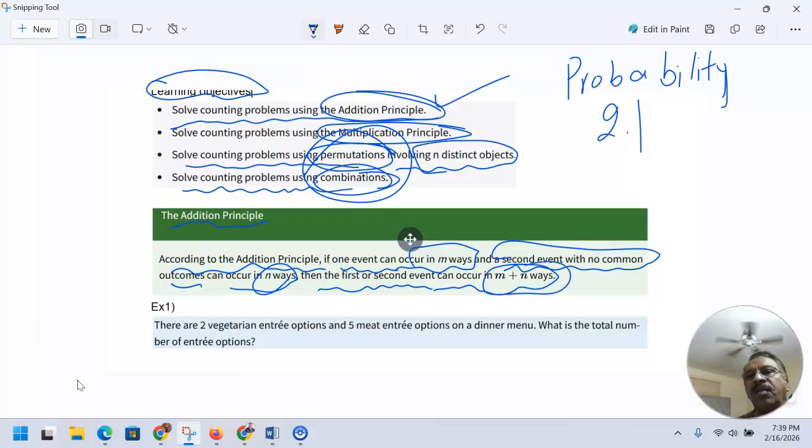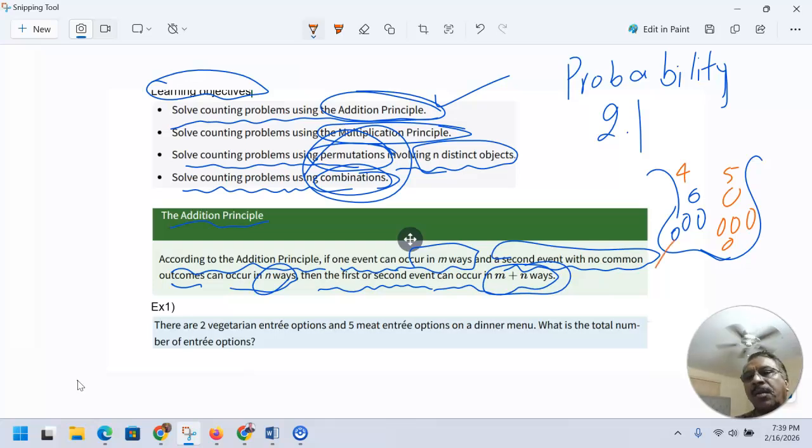Now, what does this basically mean? Let me suppose this is a bag, and this bag contains blue marbles. There are four blue marbles, and let's say there are five red marbles. You can see these are four, and those are five.